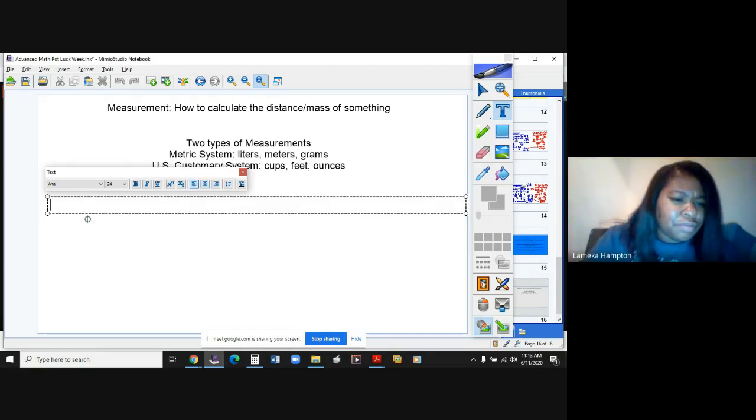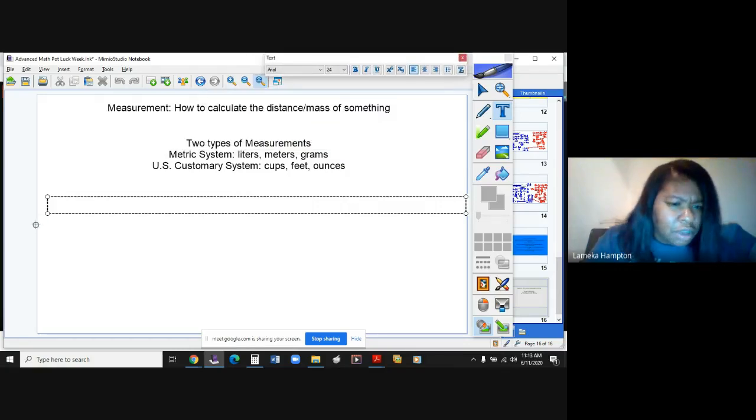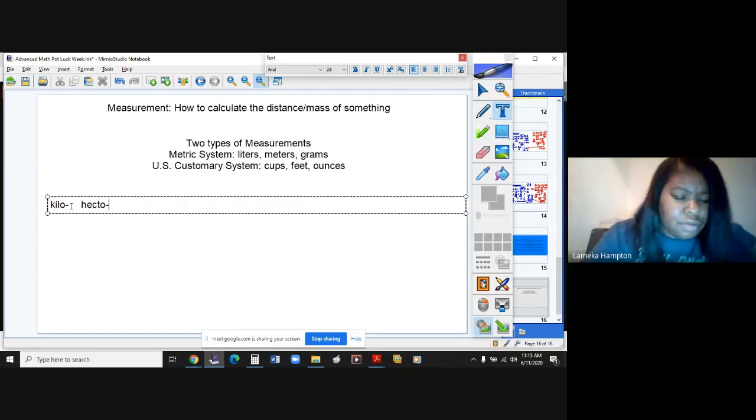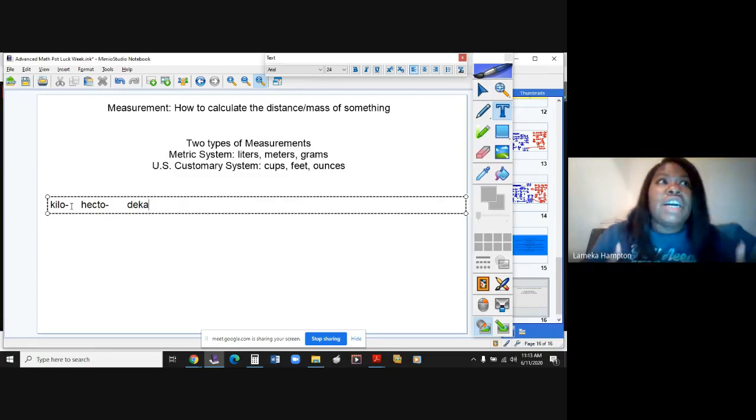All right, so let me see. Hopefully I have enough room to do this because y'all know I write big and type big. So I'm going to start off with some prefixes. I have kilo, hecto, and if you've had me before, this should look familiar to you.